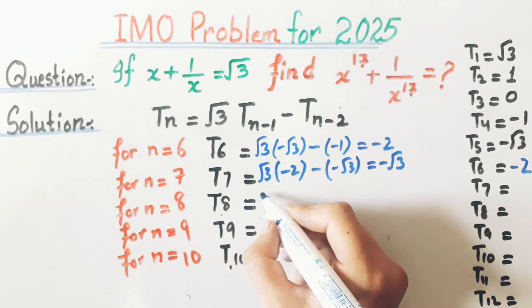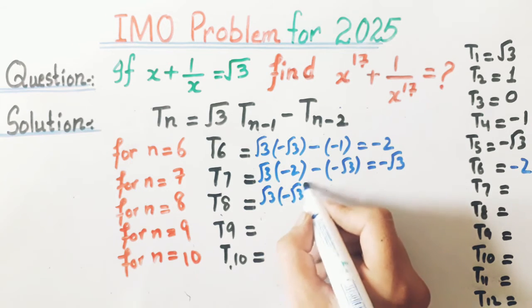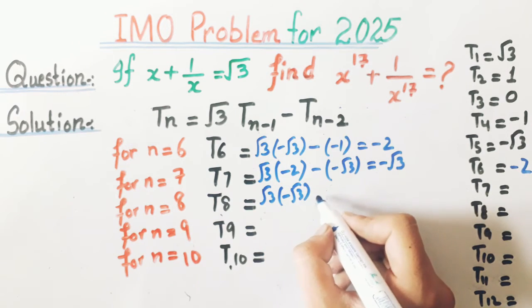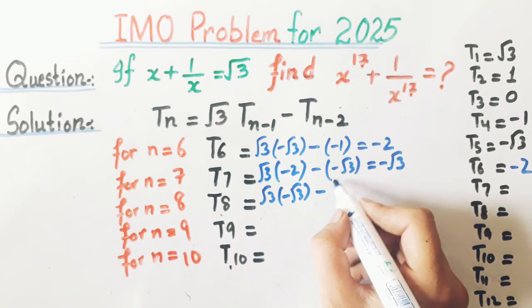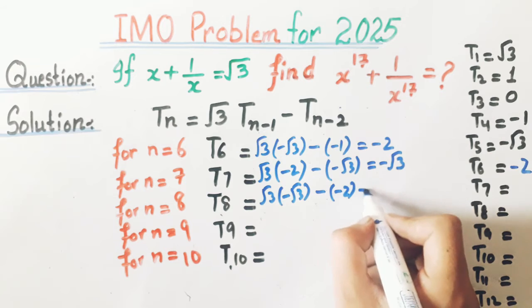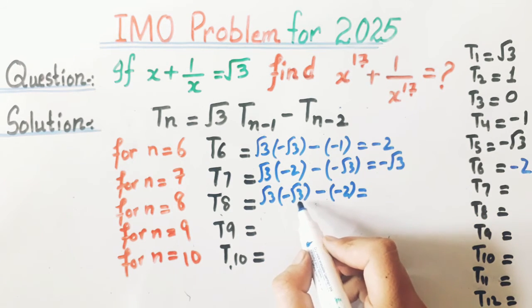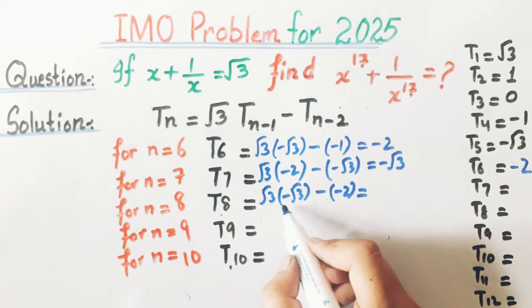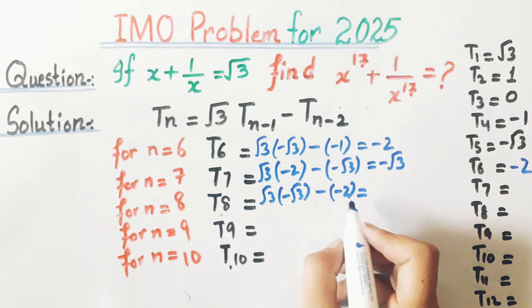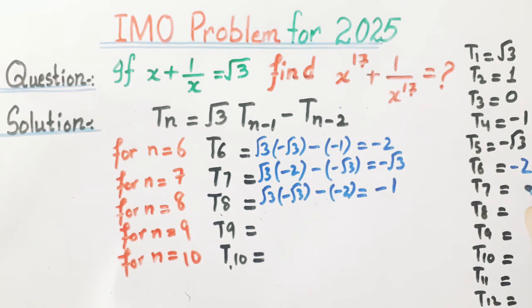Then T8 is square root 3 into T7, that is minus square root 3, minus the previous one, that is minus 2. So square root 3 into minus square root 3 is minus 3, plus 2 is minus 1.